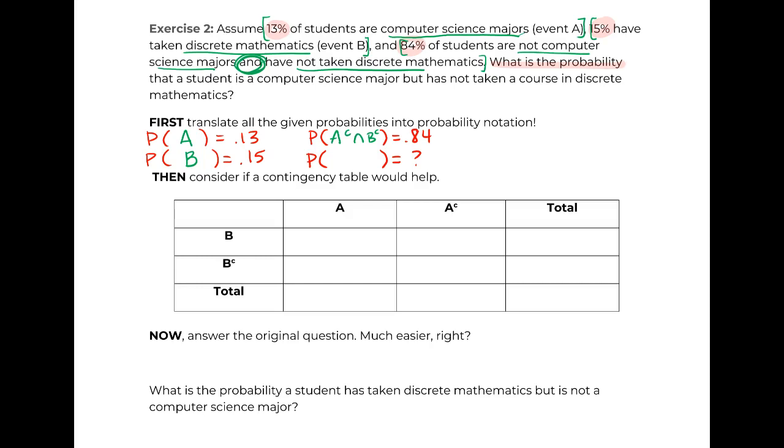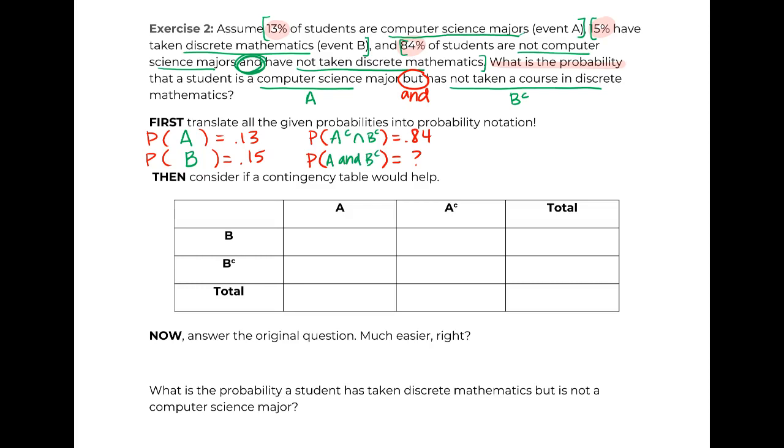And then lastly, we're looking for the probability of a computer science major, which is A, and not taking discrete math, which is B complement. We don't have an "and" or an "or" between them, but we do have "but", which is another conjunction word, which means "and". So our final probability that we're looking for is A and B complement.